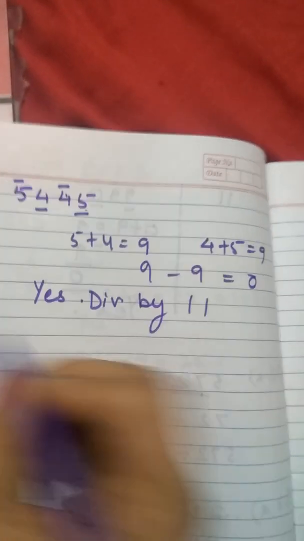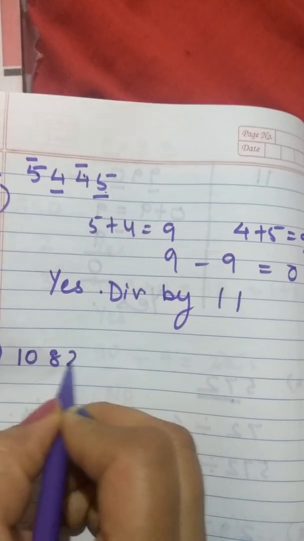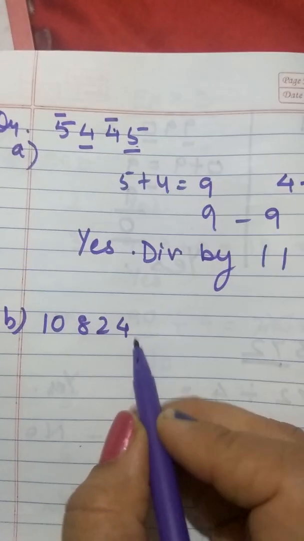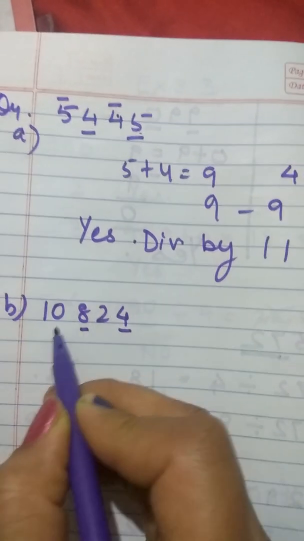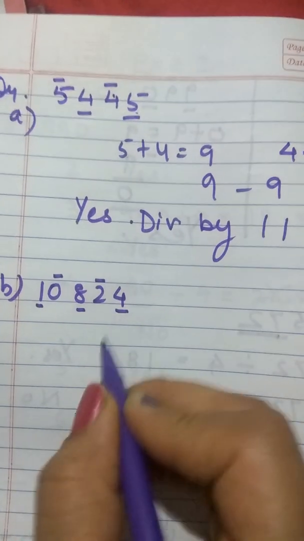Next number, I will take one more part of this, 10824, because divisibility by 11 is often asked in the exams. It is important. So you must learn it well. Underline the odd place digits and put a bar over even place digits and take their sum.